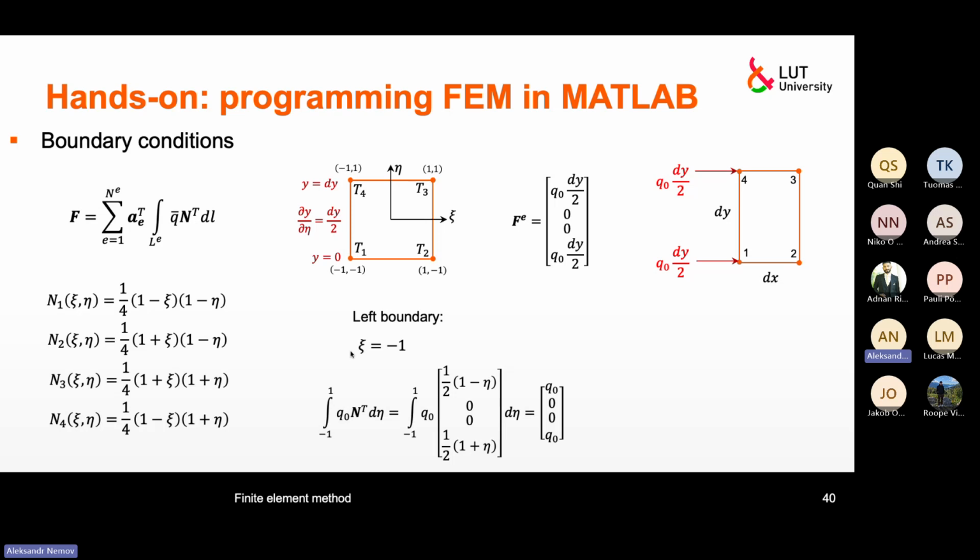That's why I can use only one integral along eta here from -1 to 1, and I put this thing here, and I apply this extraction of nodes. So it's already nodal shape functions, and I only apply that to those which are here, which will be my first and last.